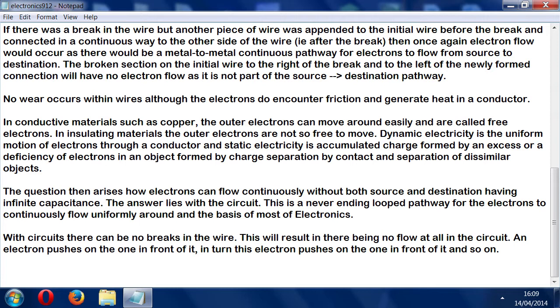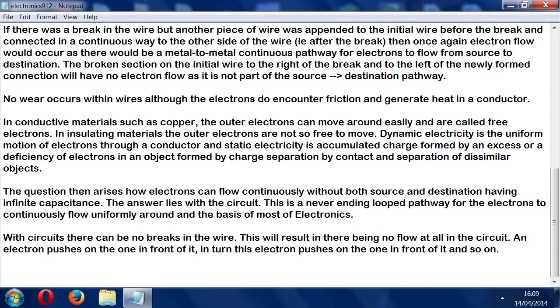Interconnected circuit, maybe. Sorry, I can't remember what it means. But the point is, when you get very, very small, like groups of these transistors, the electrons actually can decay. But that wasn't really what this was going on about. This is nowhere close within wires, although the electrons do encounter friction and generate heat in a conductor. So it was interesting. Of course, we're not going to go into the first law and all this stuff.